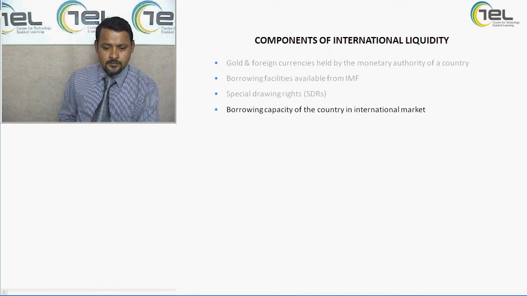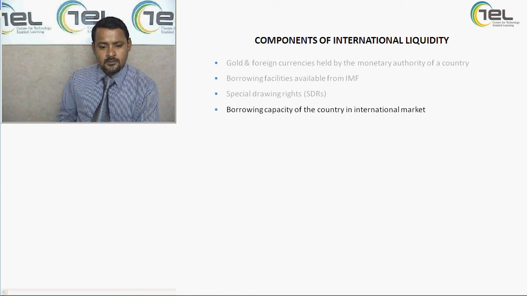So when a domestic country is in need of funds, it can borrow from the international market at a very low rate of interest. But the borrowing capacity depends upon the credit rating, the sovereign rating.